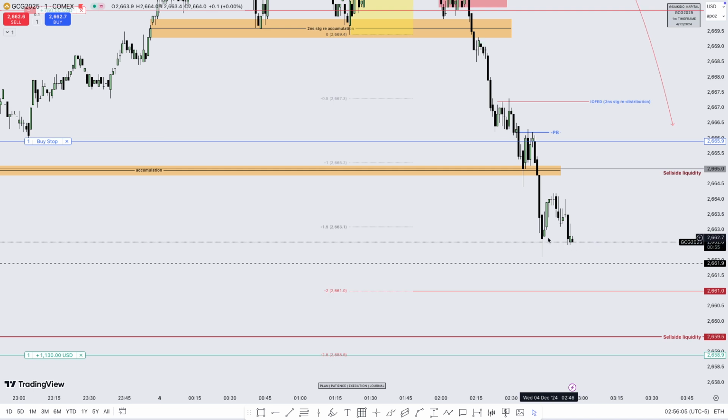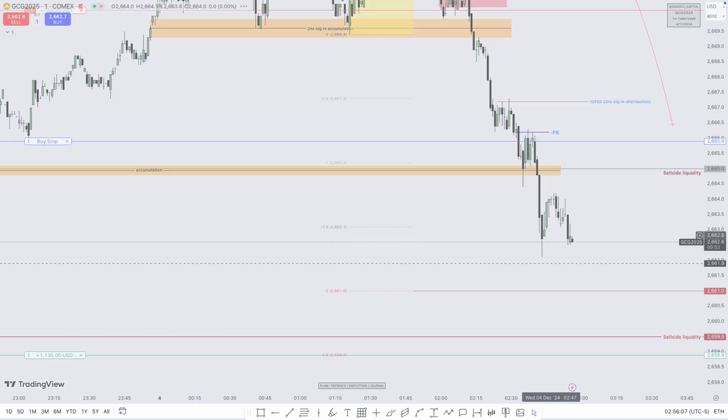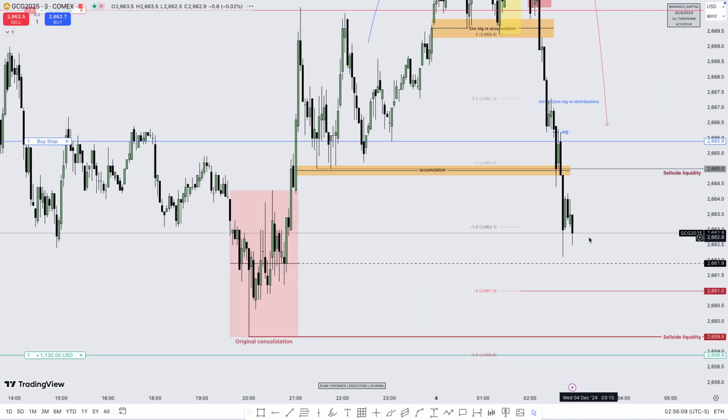Okay, now let me go back and check on 3 minutes if you now have a close below that candle. So far, we don't. Okay, so this macro is gonna be from 250 to 310. So let's see.